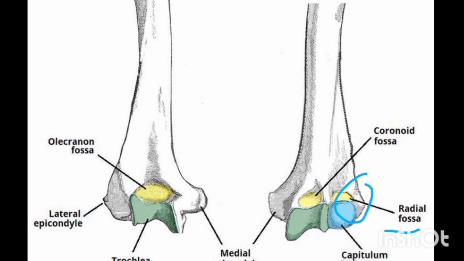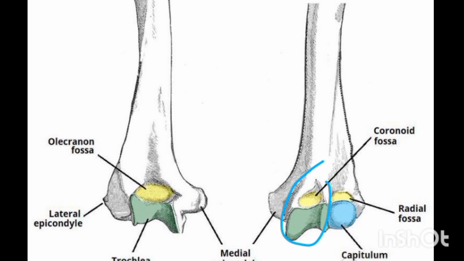It receives the end of the radius on full flexion of the elbow. The coronoid fossa is a small depression above the trochlea on the anterior surface of the lower end of the humerus bone. It receives the tip of the coronoid process of the ulna on full flexion of the elbow joint.